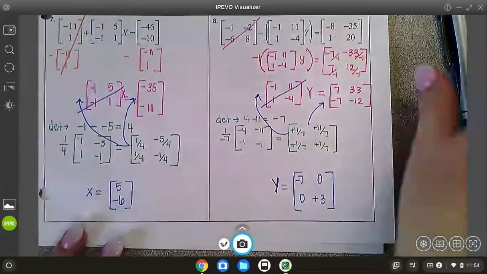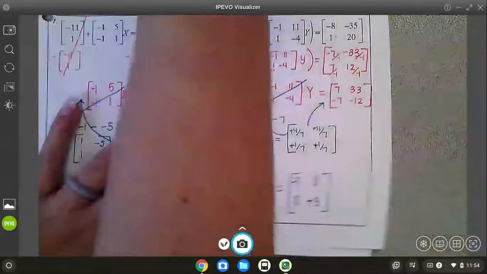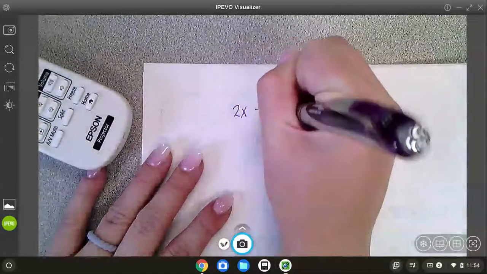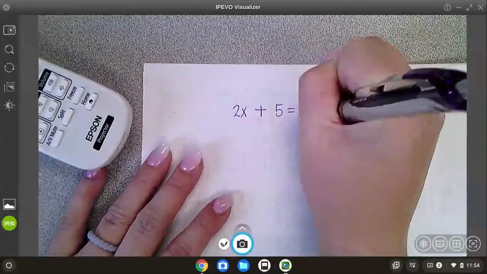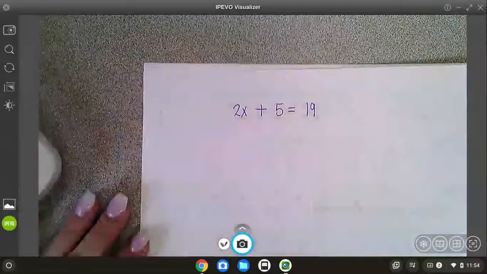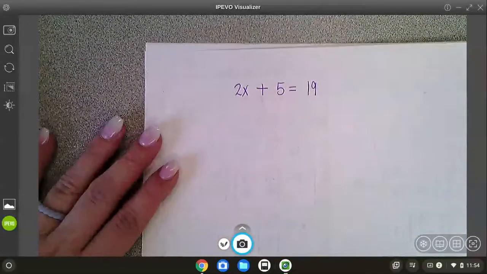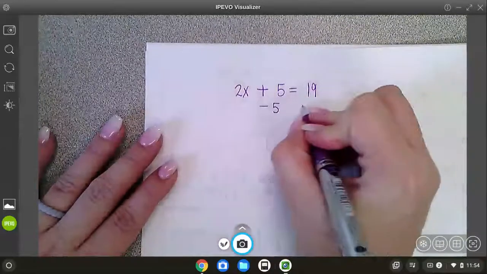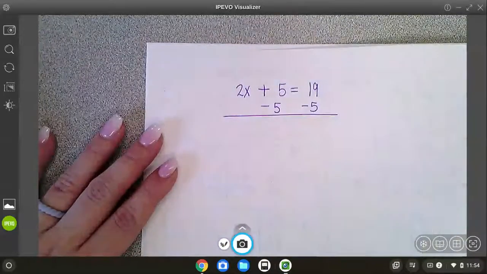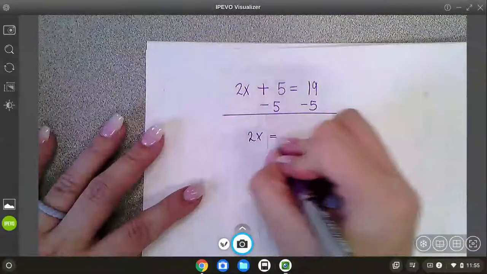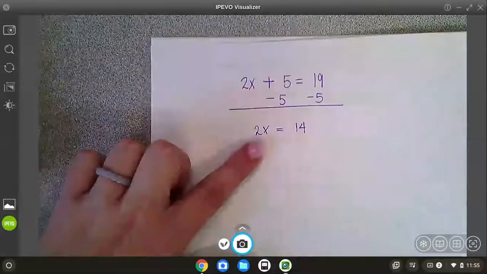So just to explain that a little further, if we have 2x plus 5 equals 19, you don't have to write this down, you can just watch. We would subtract 5, which I think you all know, like you know when to subtract the matrix first. And we get 2x equals 14.